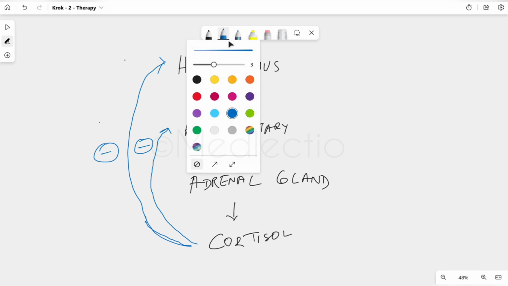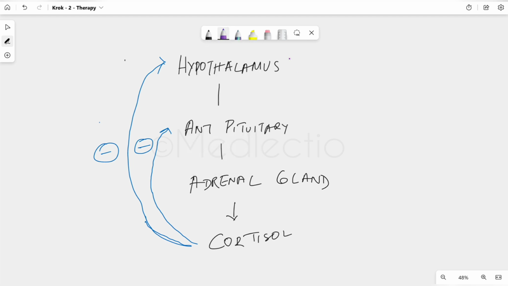And we have some hormones also, right? So here we have corticotropin releasing hormone.